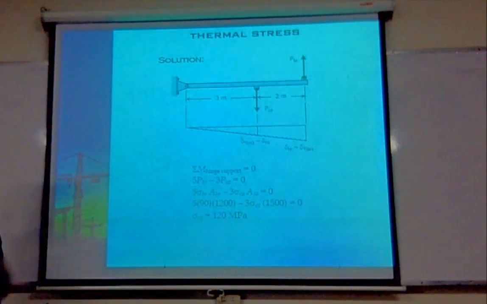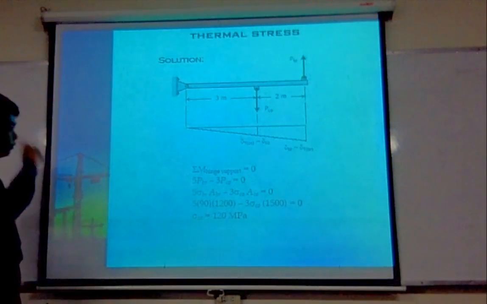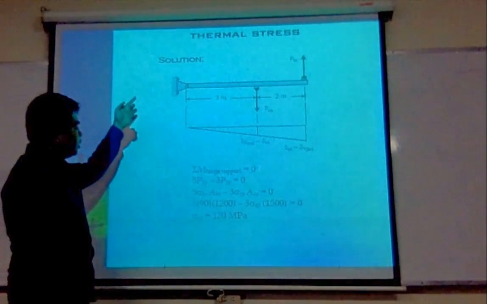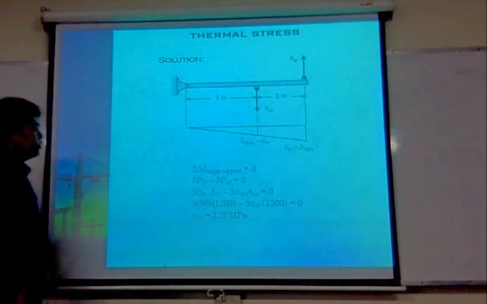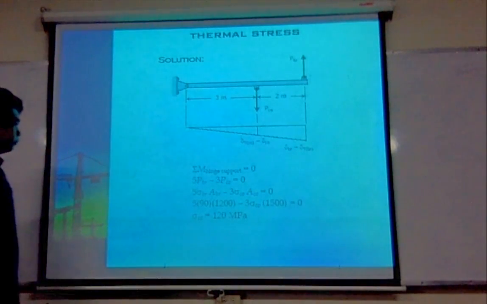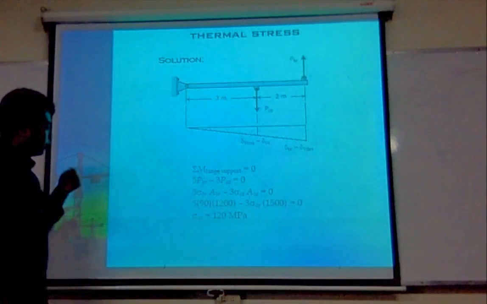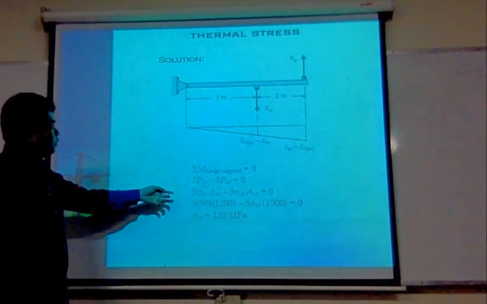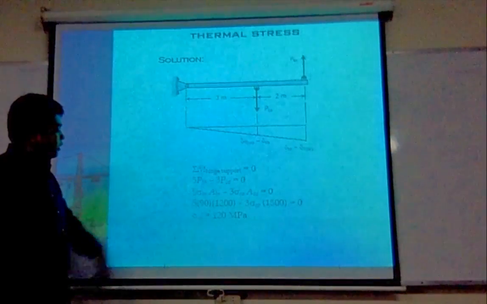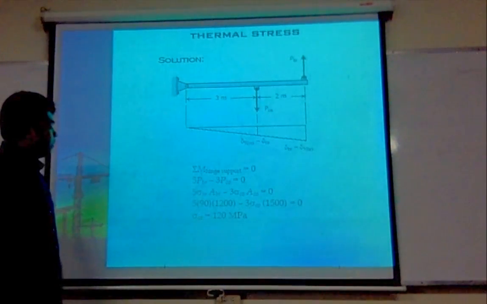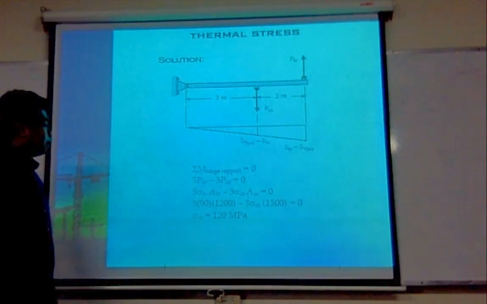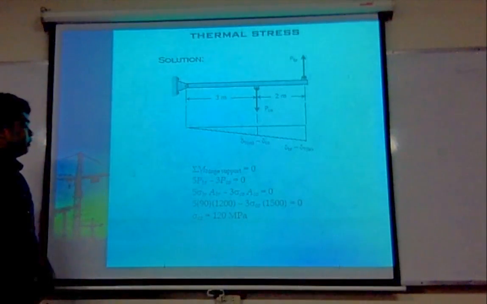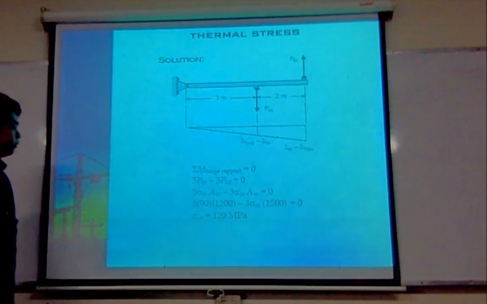So here's the solution. We will take the moment at the hinge point in the support. That will be the key point. Equating, the force in the bronze multiplied by 5 minus 3 multiplied by the force in copper is equal to 0.